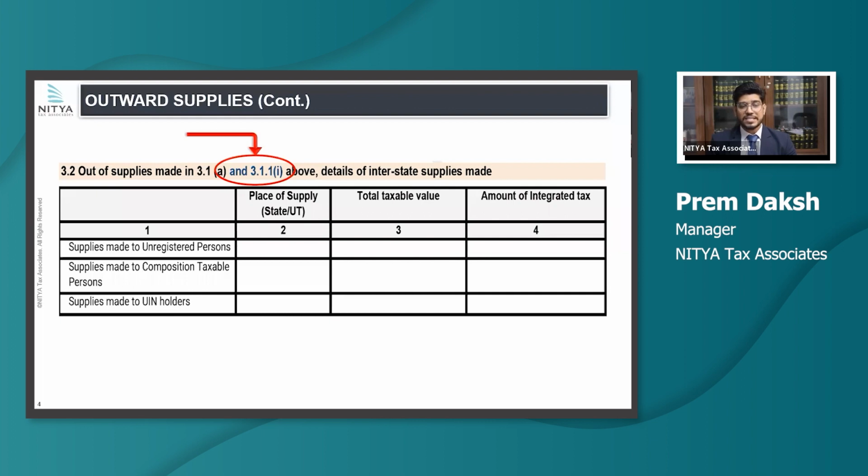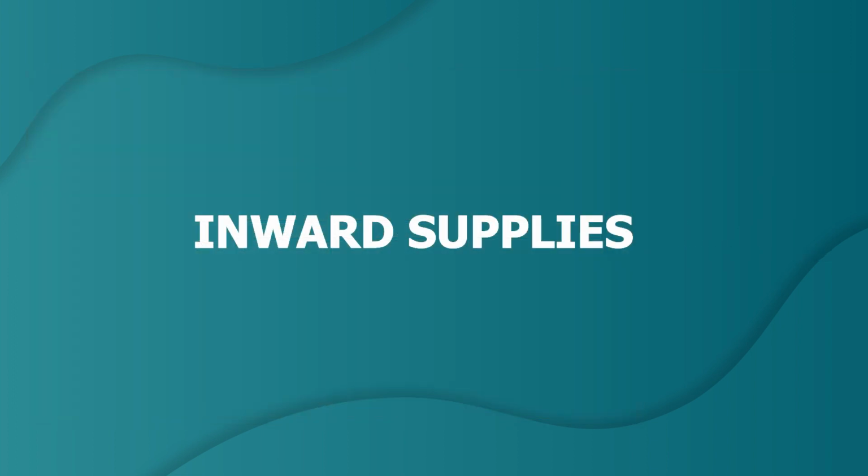Also, the circular has clarified that distribution of tax between Center and State is done on the basis of place of supply. Therefore, taxpayers are required to declare place of supply wise details of interstate B2C supplies to unregistered persons, supplies to composition taxable persons, and UIN holders.